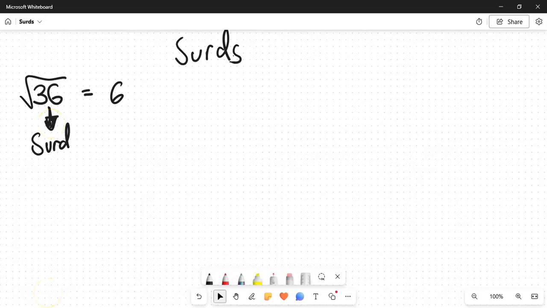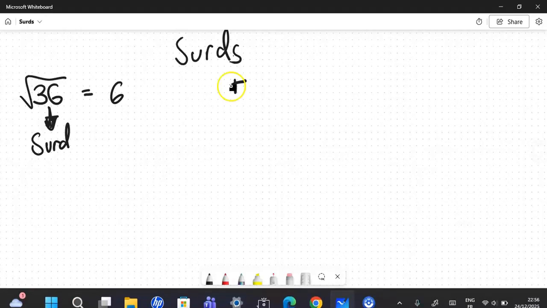This topic covers many parts and it has an application. First, you'll be learning how to simplify the non-perfect squares if they're in square root form. Secondly, you're going to learn how to add, multiply, and subtract surds as well.